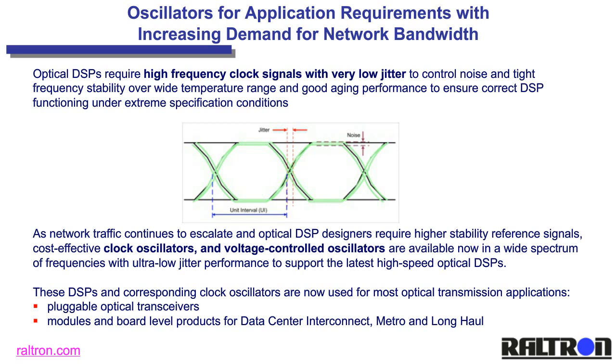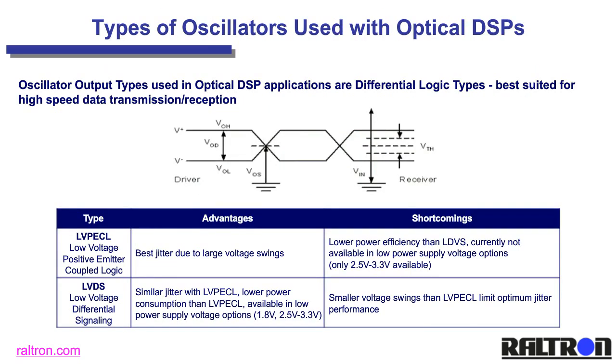Okay, sure. So the oscillators used for this type of application, in connection with optical digital signal processors, are high frequency in the world of oscillators. Of course, in the general world of oscillators, frequencies generally start around 1 megahertz and can go to a few gigahertz.